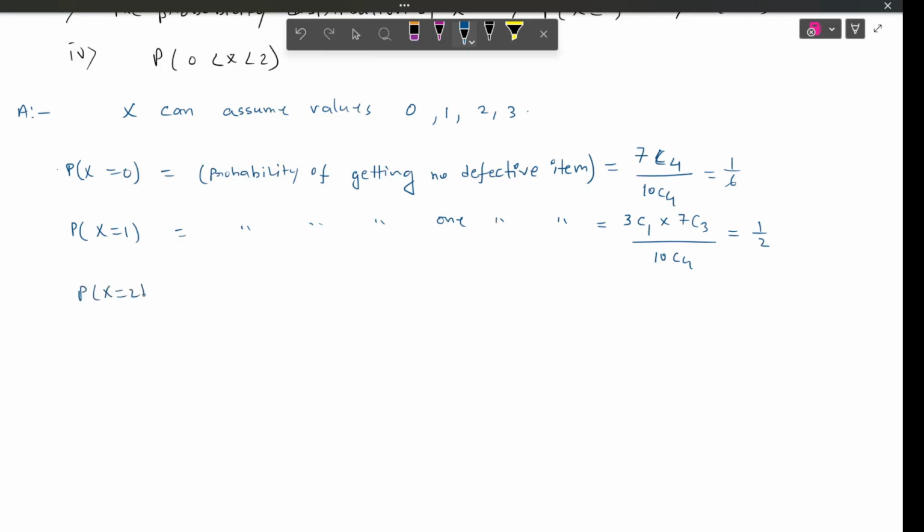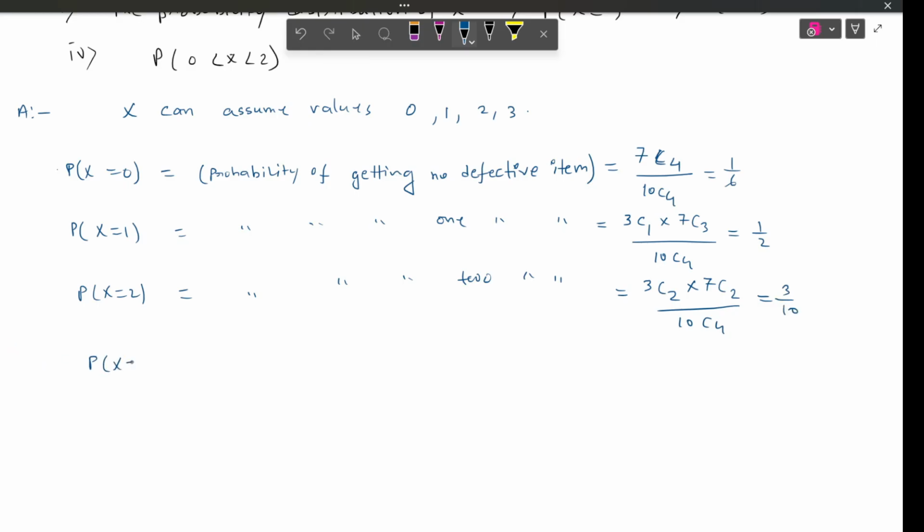Probability of getting 2 defective items. This would be from 3 defective items, you have drawn 2 defective items, and from 7 good items, you have drawn 2 good items. So 2 plus 2 is 4 out of 10C4. Will be 3 by 10.